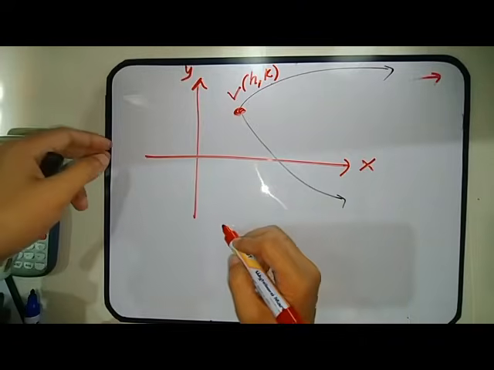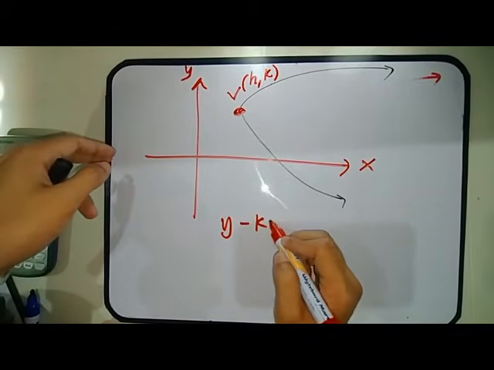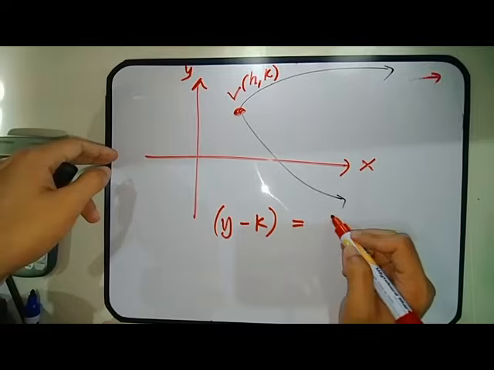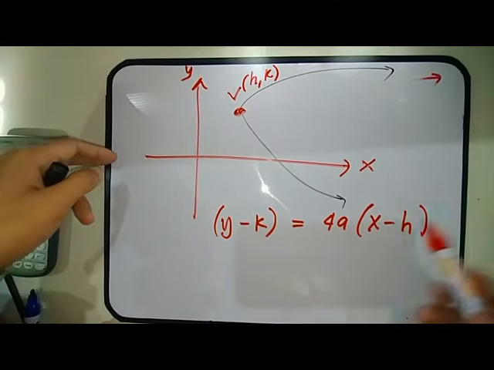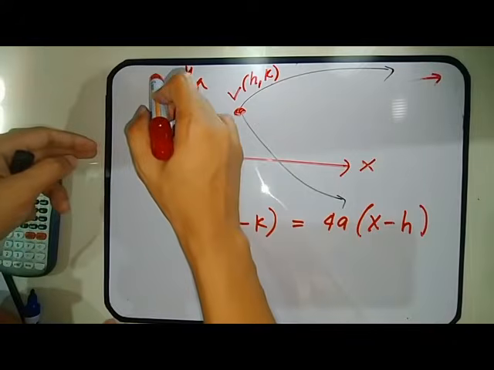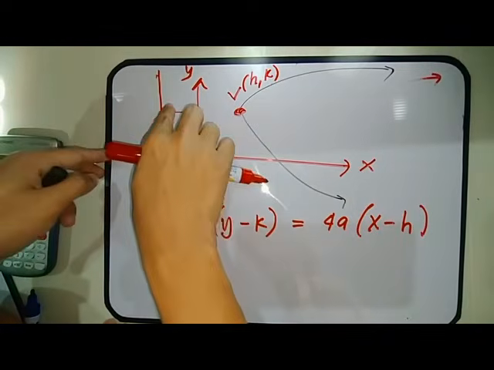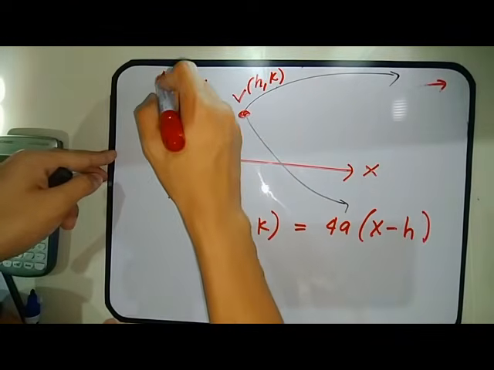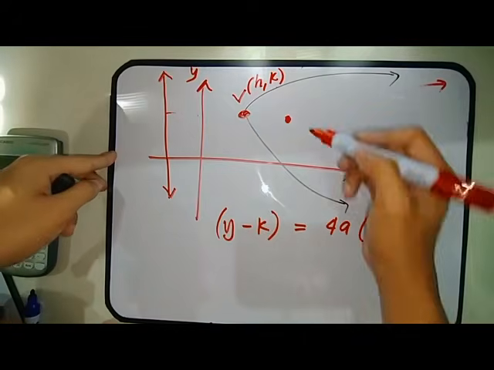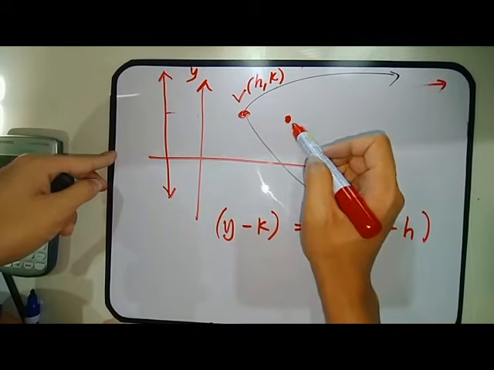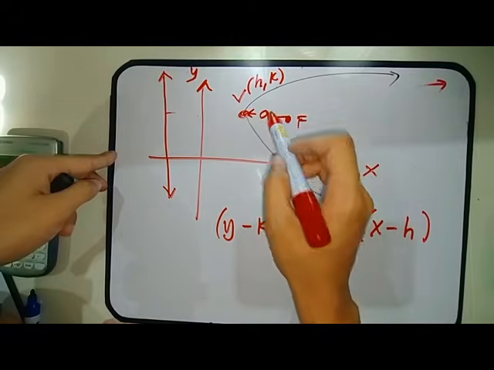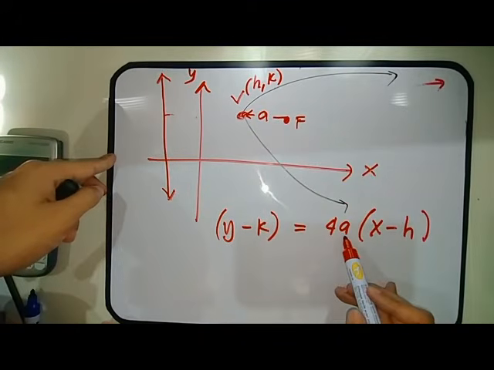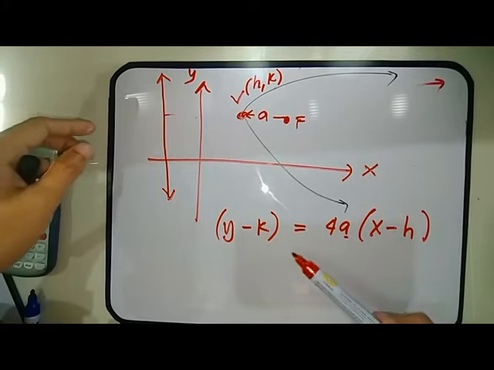So, you have this form, Y minus K is equal to, you have 4A X minus H. So, if you have the directrix here, you have this directrix, and you have this focus, the distance of the focus to the vertex is what you call the distance A here in our equation. Now, this is not a quadratic, so this is linear.